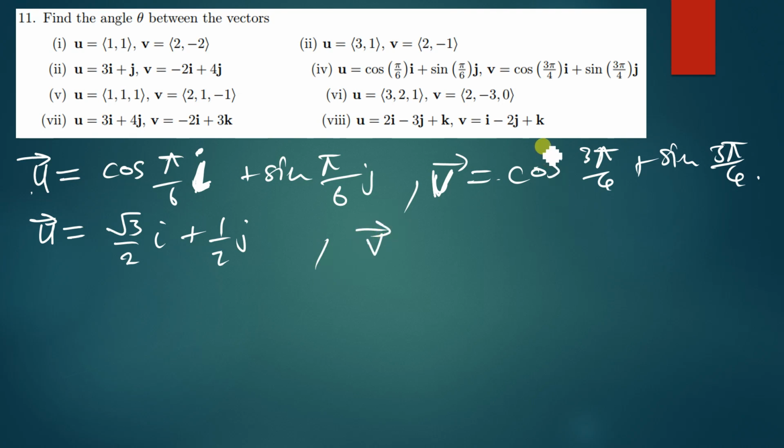So v is cos 3 pi over 4, which is just the same as 135 in degrees. Yeah, so you have cos 135. You can find that because 135 is in the second quadrant, and cos in the second quadrant is negative.